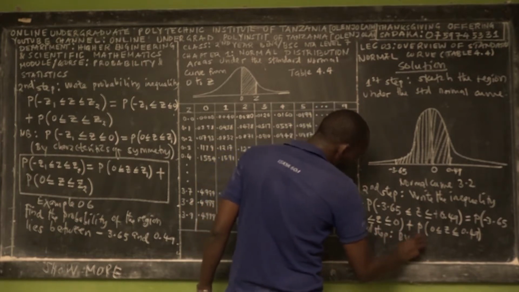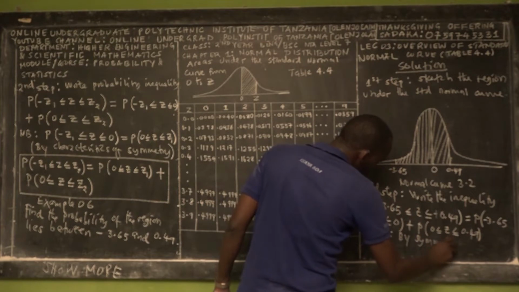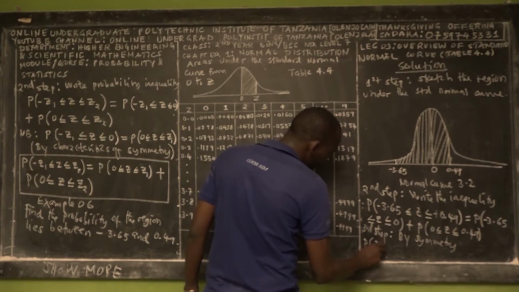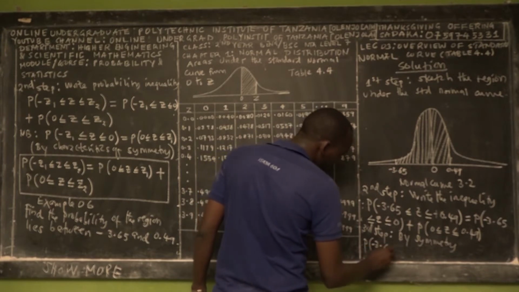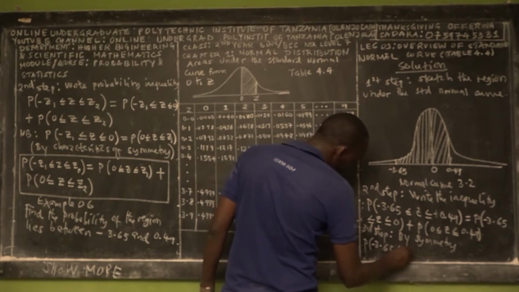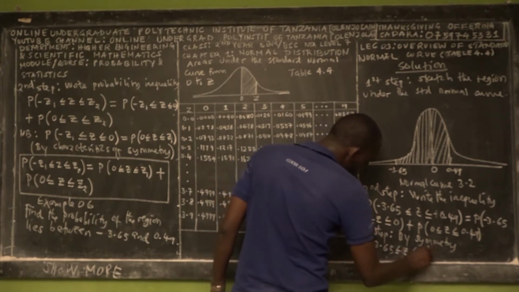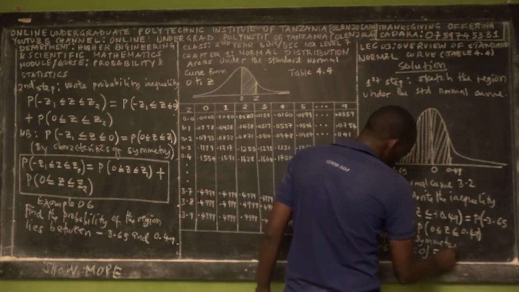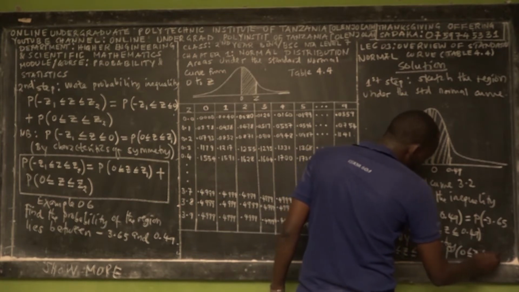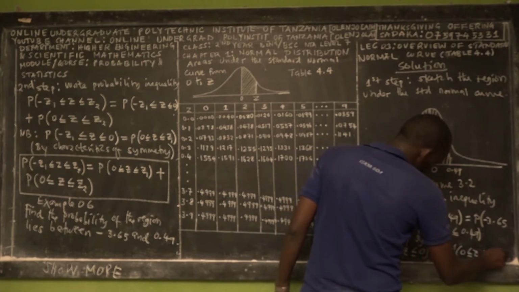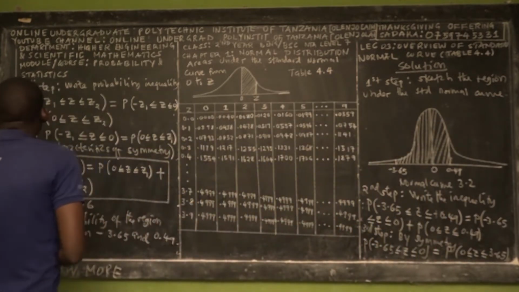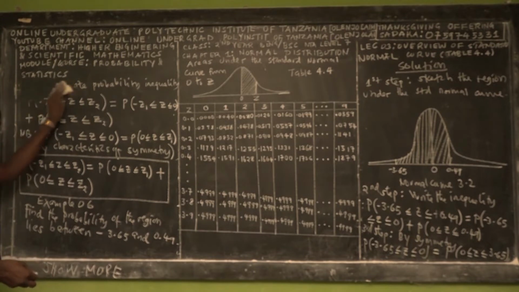We say that by symmetry, probability -3.65 less than or equal to Z less than or equal to 0 is equal to probability 0 less than Z less than or equal to 3.65. So after having that inequality, then we use Table 4.4.